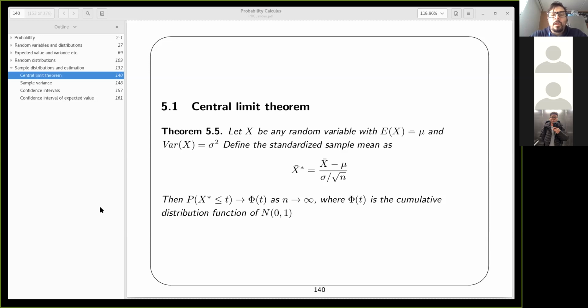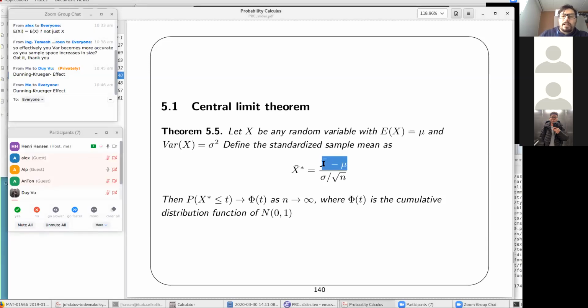And really, if you think about what that means, you subtract the expected value and you divide by the standard deviation.